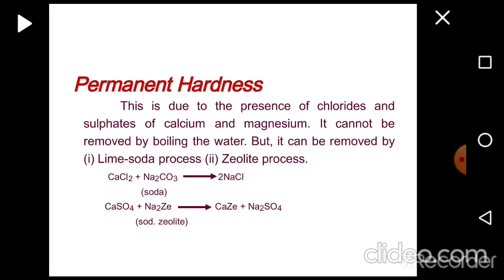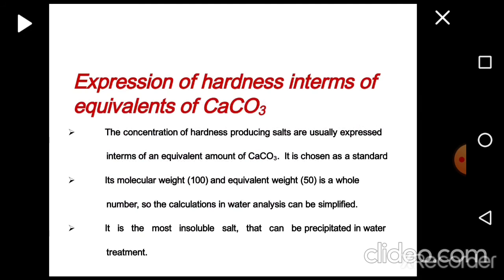It reacts with the hardness-producing salts like calcium chloride to form sodium chloride. In the zeolite process, hardness-producing salts like calcium sulfate react with sodium zeolite to form calcium zeolite and sodium sulfate.